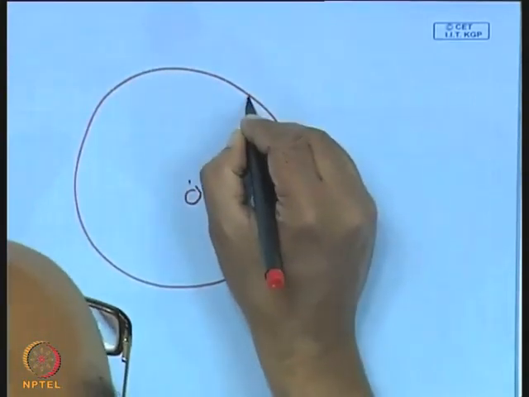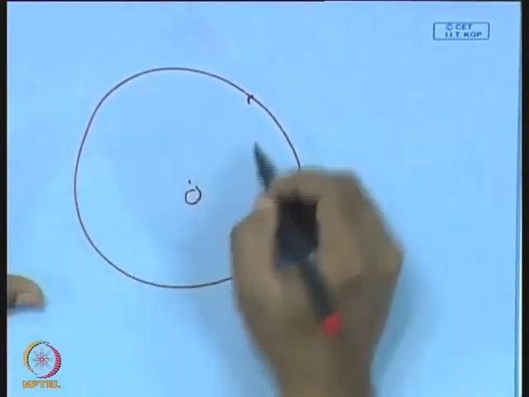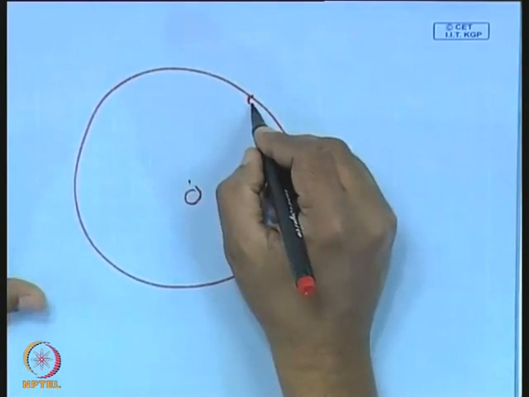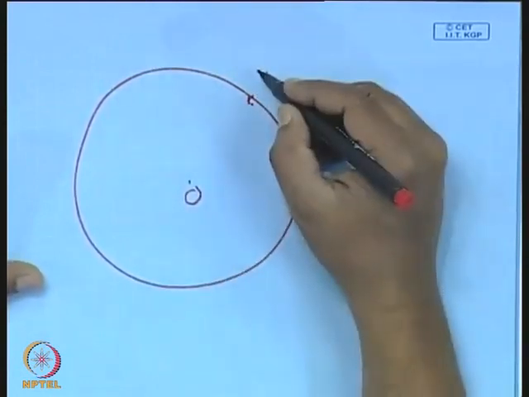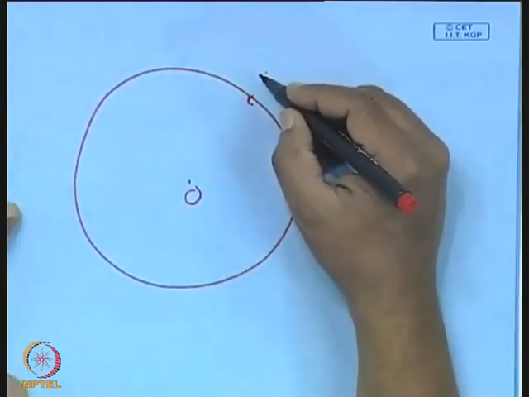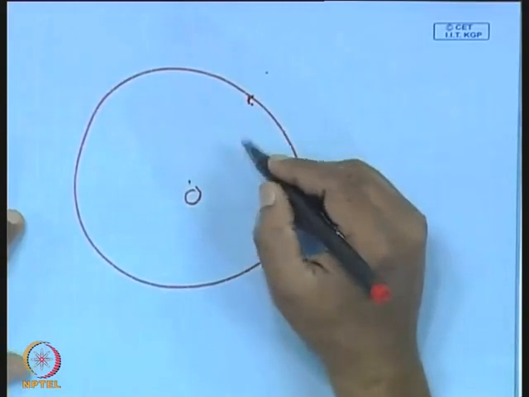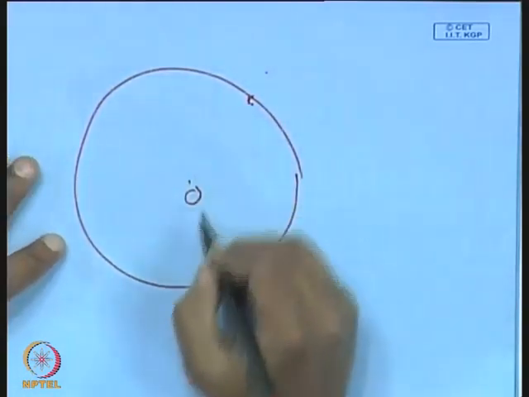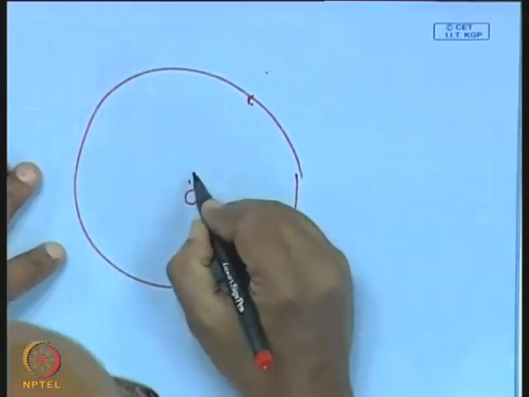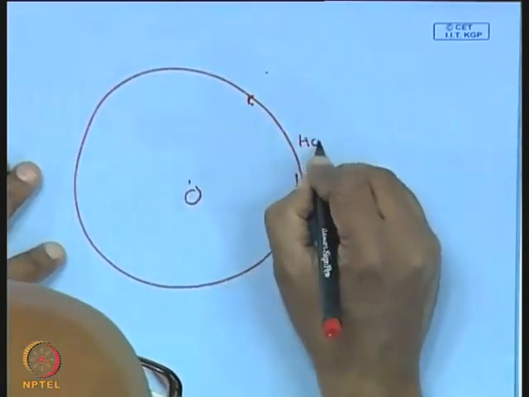Photons emitted here, to reach me now, a photon should have been emitted here before, at the Big Bang. If a photon has to come from here to me, it should have been emitted before the Big Bang, which is not possible. So given the fact that the universe has been in existence for a finite time, there is only a finite distance which I can see up to, and that distance is the horizon.